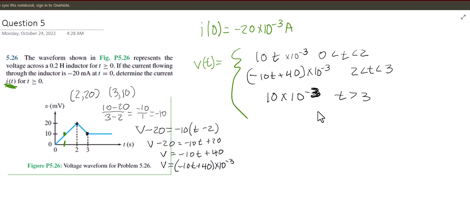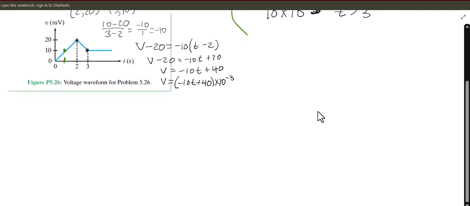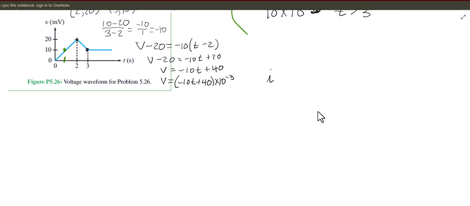Okay, so what do we know about current and inductors? We know that I of t equals I of t naught plus 1 over L times the integral from t naught to t of v of t dt.